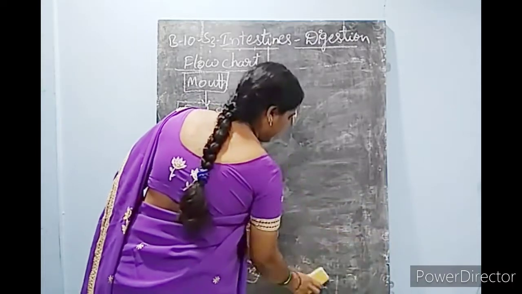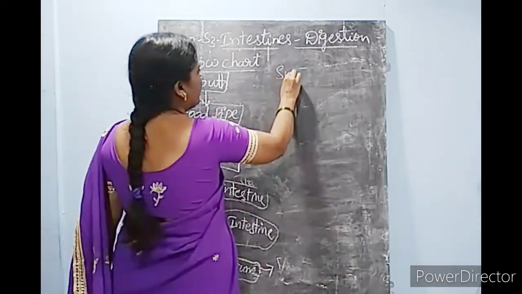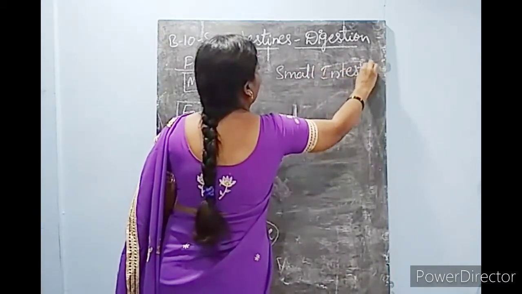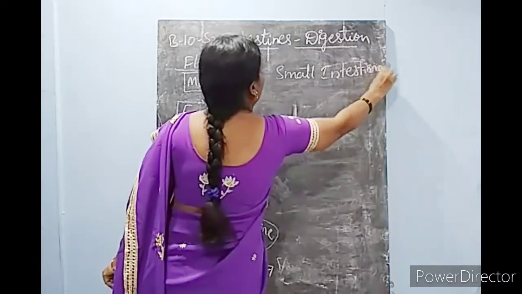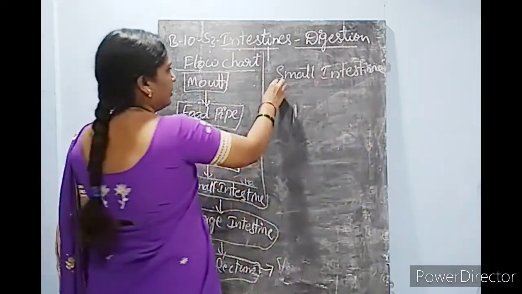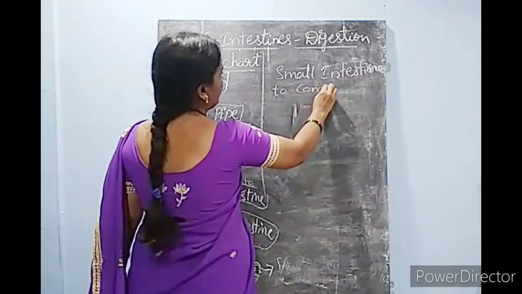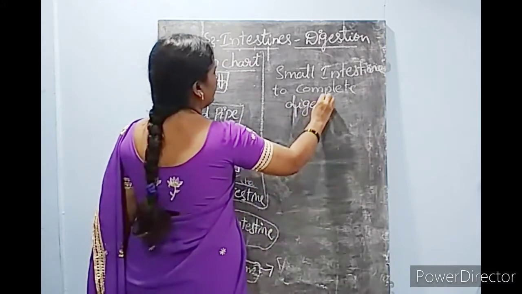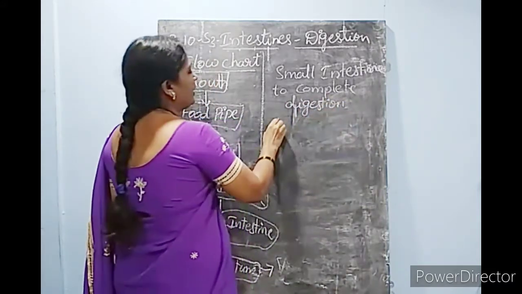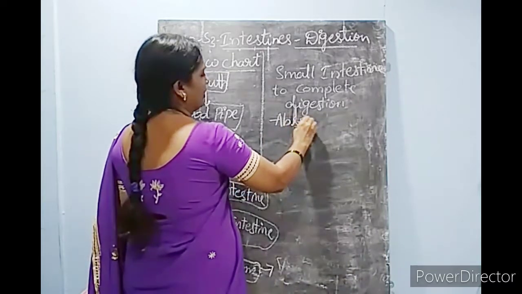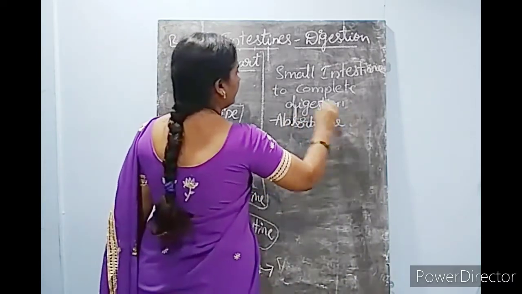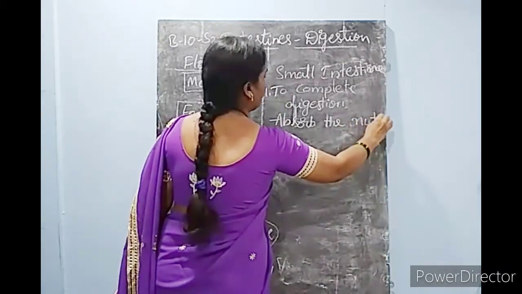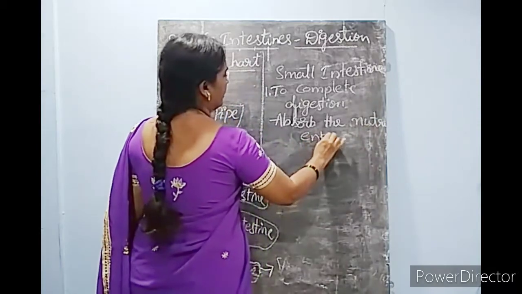The small intestine helps to complete the digestion, and also it helps to absorb the nutrients. Point wise you can write.